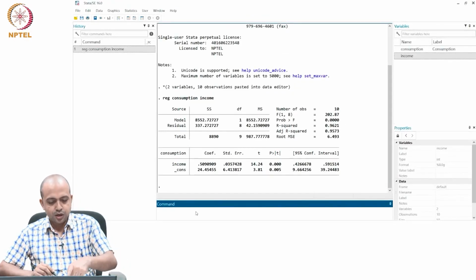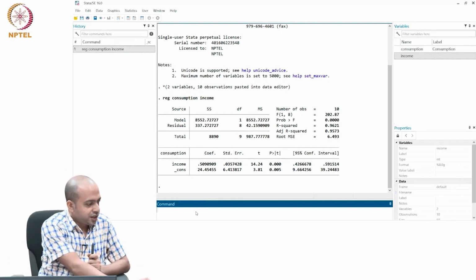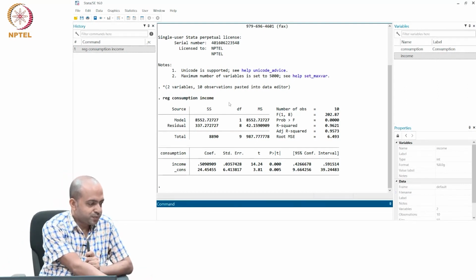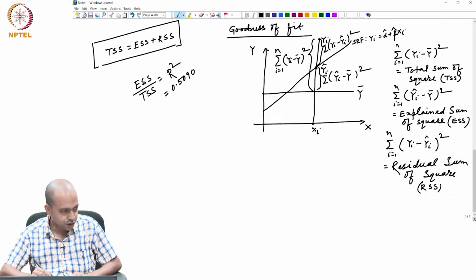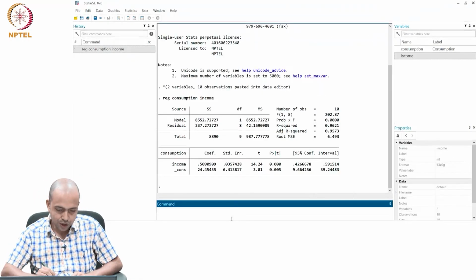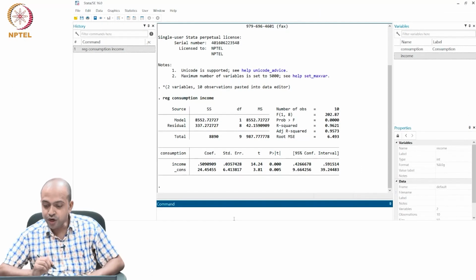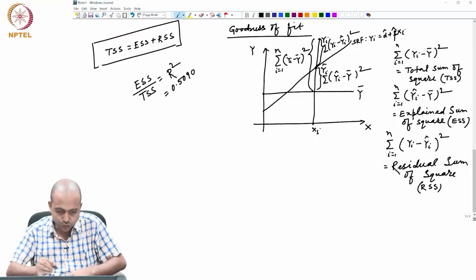Now, look at this particular table. Here you see the R square. R square is not 0.5090, I have written it wrong. What is the value? R square is actually 0.9621.